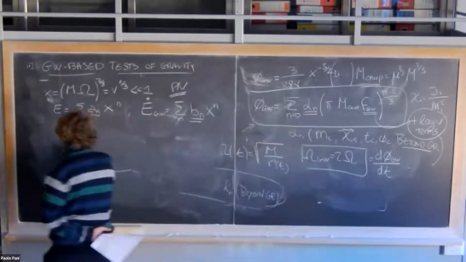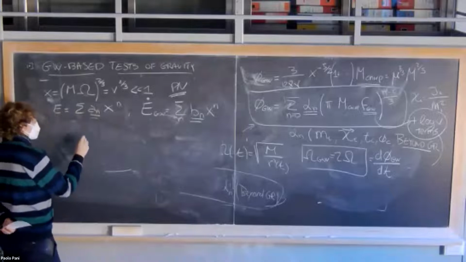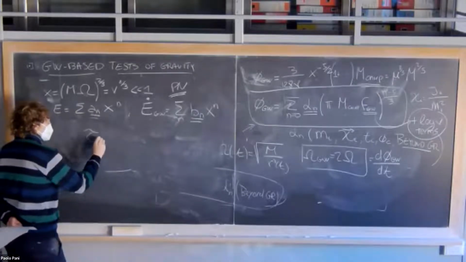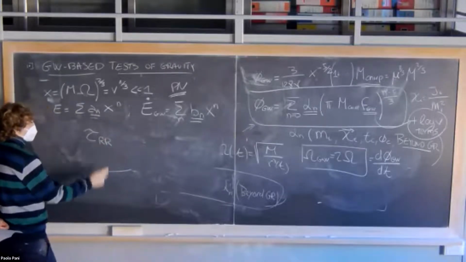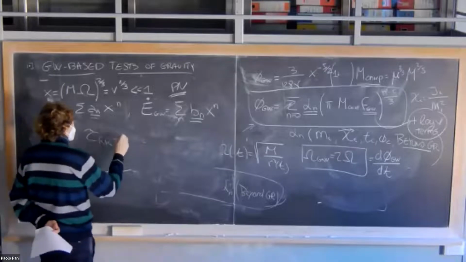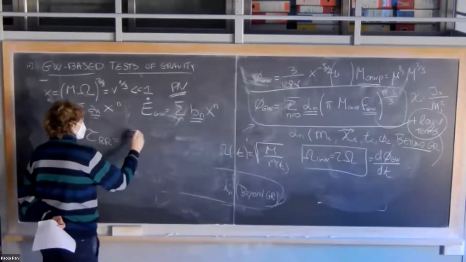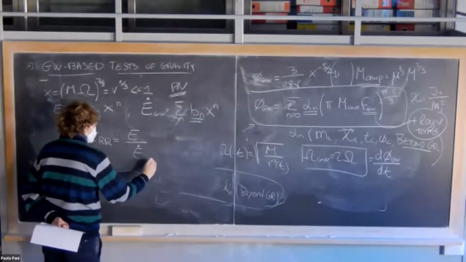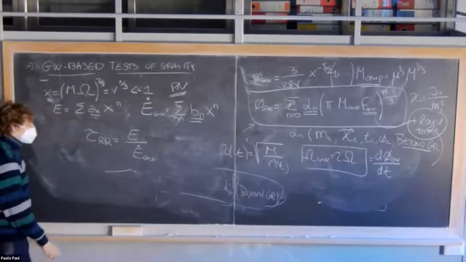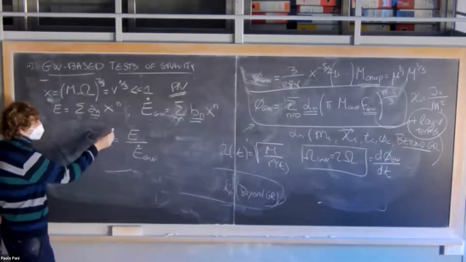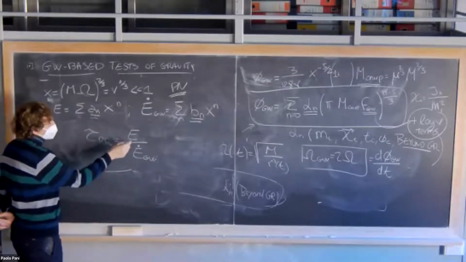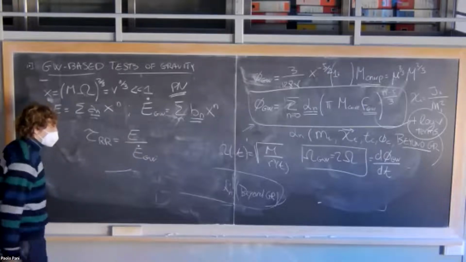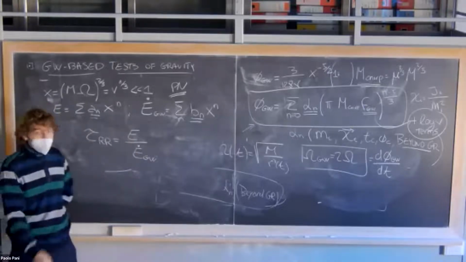In order to estimate this, one can say that the time scale, let me call it for radiation reaction, tau_r, is E divided by E dot GW. So this is a time that tells us the time scale over which the energy is changing due to gravitational emission.